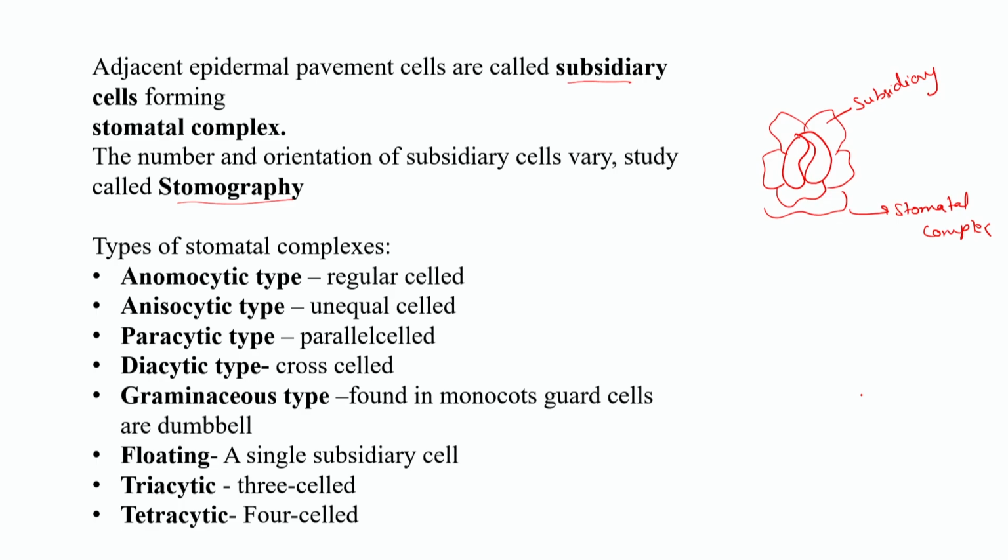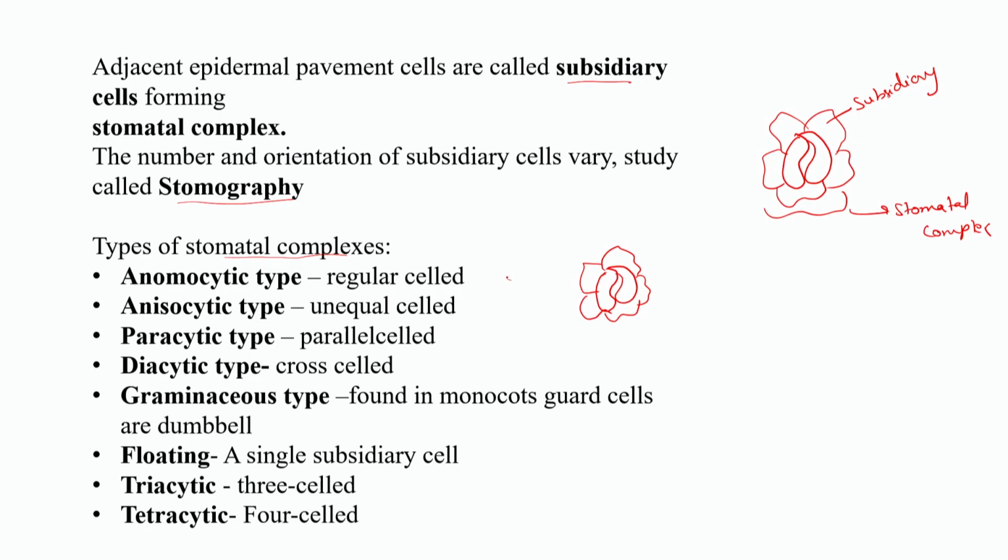Coming to the anomocytic type, when we say that the organization of the stomatal complex is anomocytic, the stomata is surrounded by a variable number of subsidiary cells, and these subsidiary cells are almost all alike, and their number can vary.